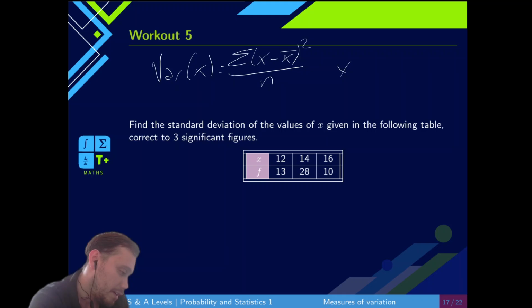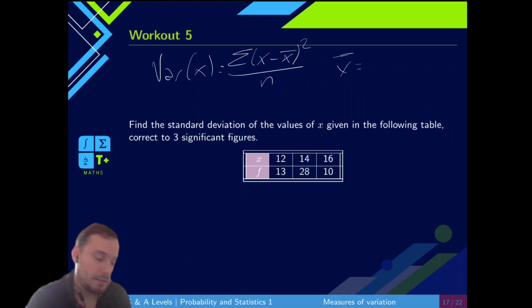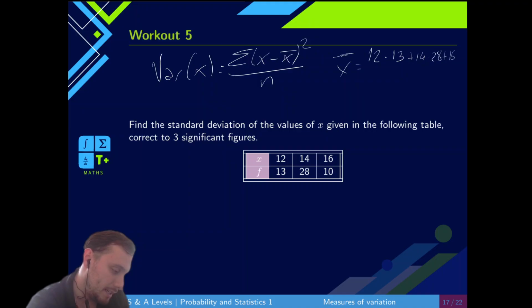I'm going to write over here that the mean, if we recall from previous videos, if not, you can go to the web page, or you can go to the previous video. You can easily calculate the mean by doing 12, that is the value of x, times 13, plus 14 times 28, plus 16 times 10, and that divided over 13 plus 28 plus 10.